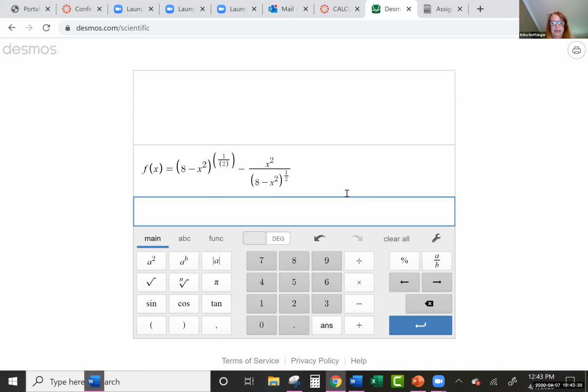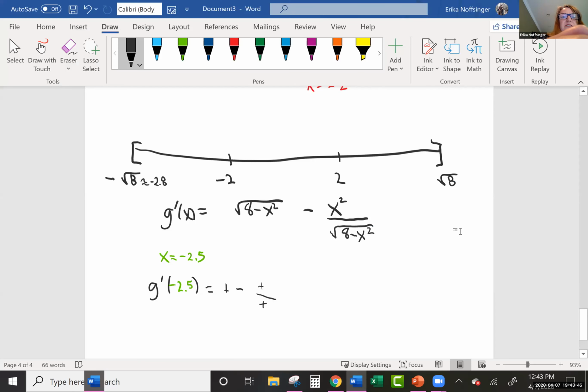So if we plug in negative 2.5, this should spit back what my answer should be. So that gives me negative 3.4. So let's just do it this way. This is approximately negative 3.4. Anyways, it's less than 0, and so it has to be decreasing there.